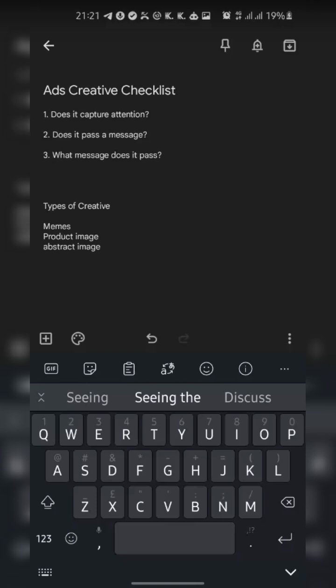I know that most people just choose random images for their creative because they think it will work. Thinking doesn't work in this industry. If whatever you have thought so far worked for you, then we wouldn't even be having this class now, right? So thinking doesn't work in Facebook ads.